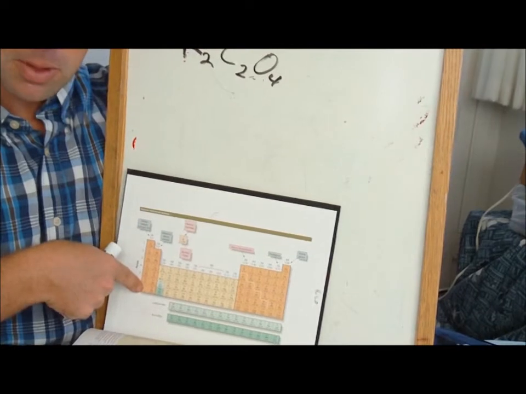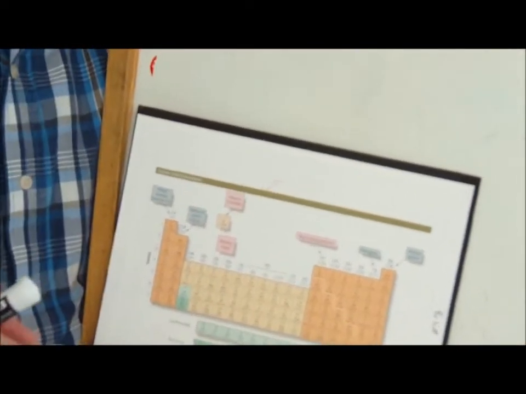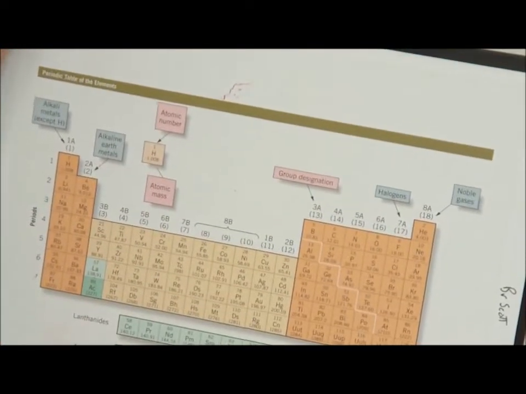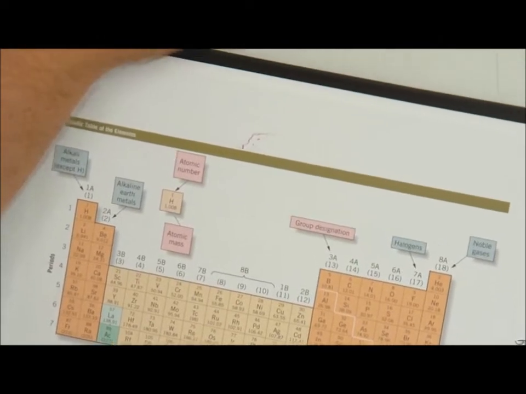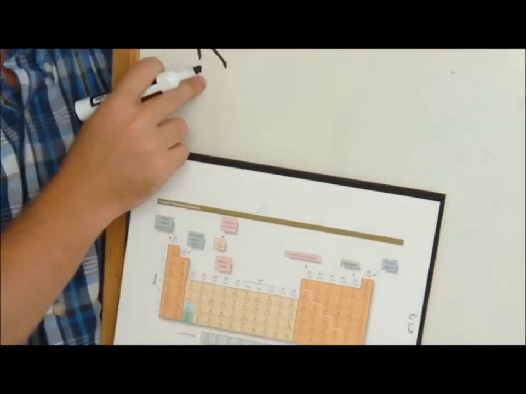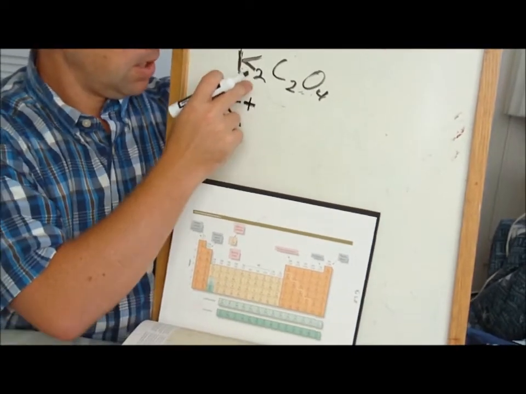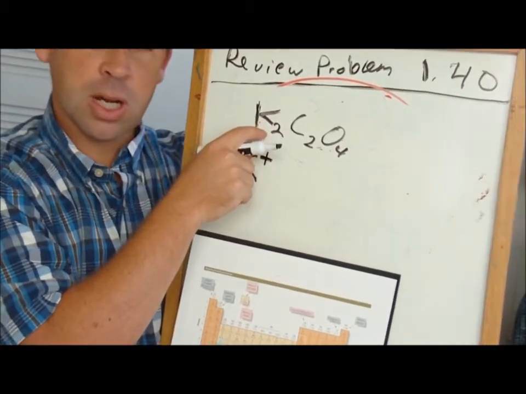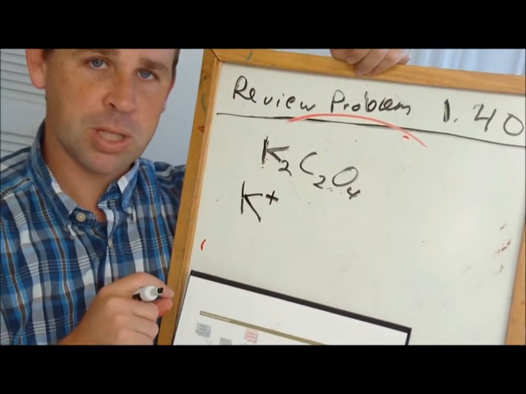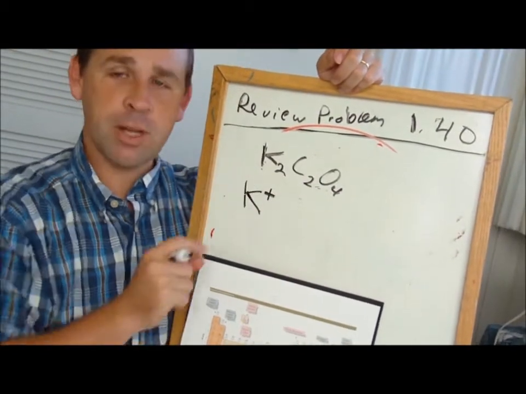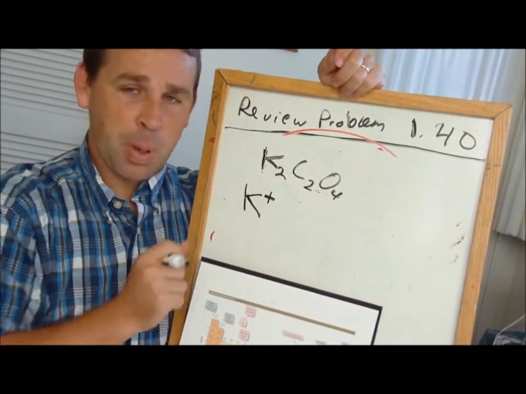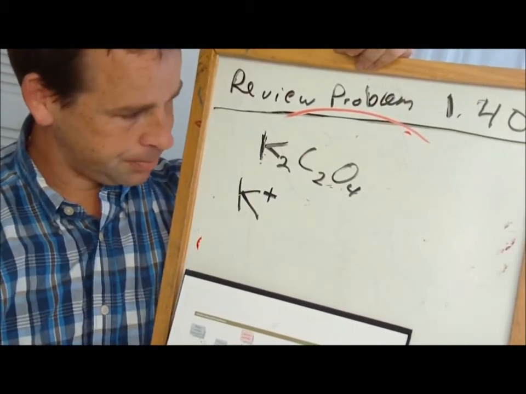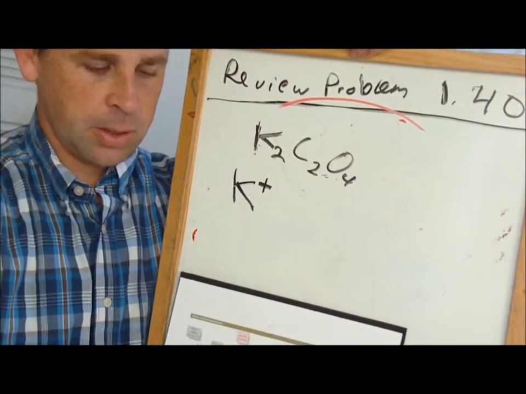Therefore, potassium is willing to lose an electron and become a positively charged ion, like this, plus. Now the potassium atom has become a potassium ion, right? And in this compound, the potassium atoms are ions. They have positive charges. There's 2 of them, correct? So this is a positively charged potassium ion in this compound, all right?